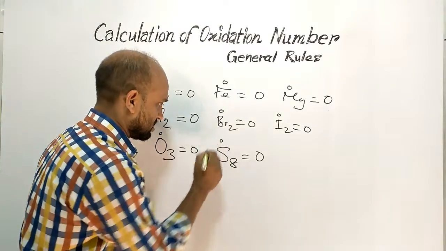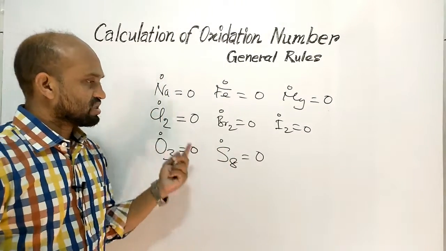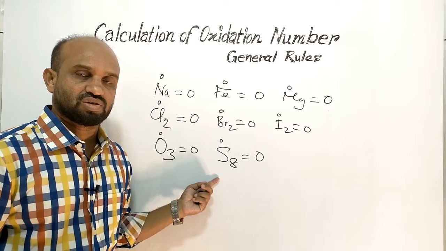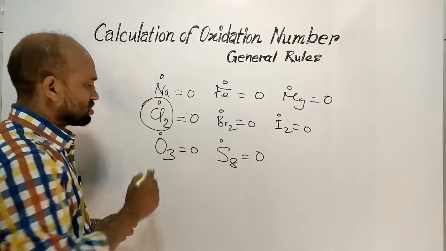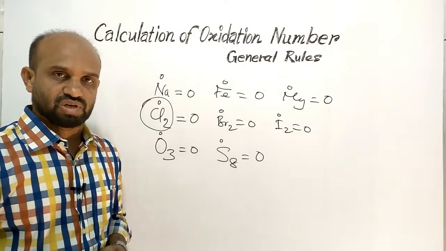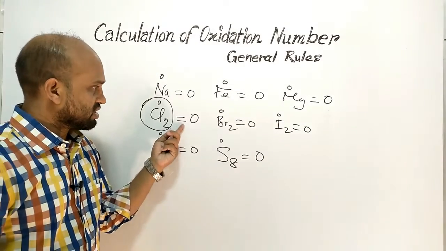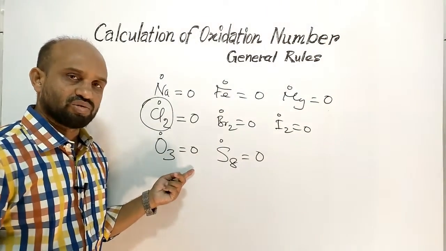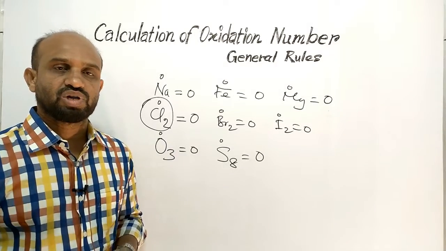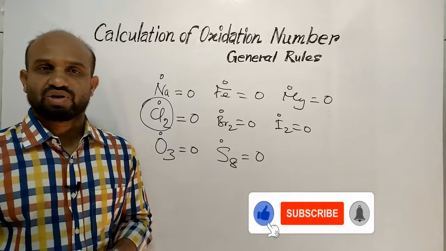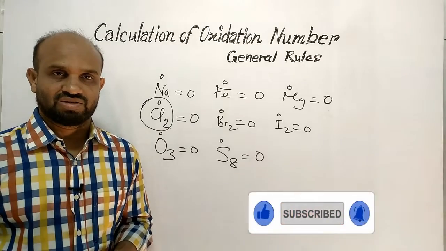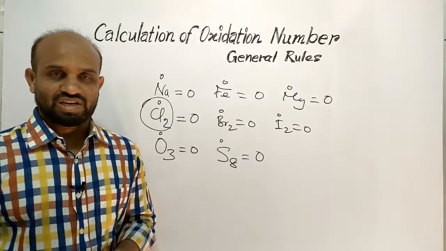In these elemental species or molecules there is no donation or acceptance of electrons, that is why in these molecules oxidation numbers will be 0. This is all about general rules for calculating oxidation numbers. Now today, thank you very much.